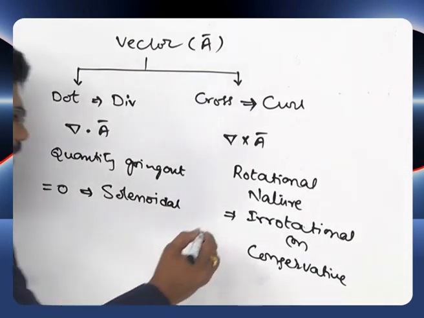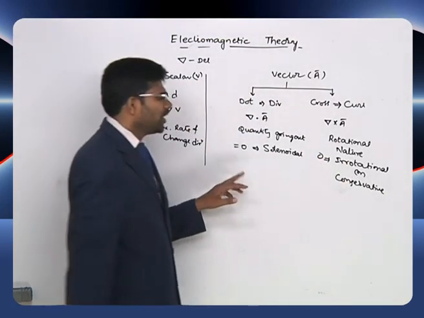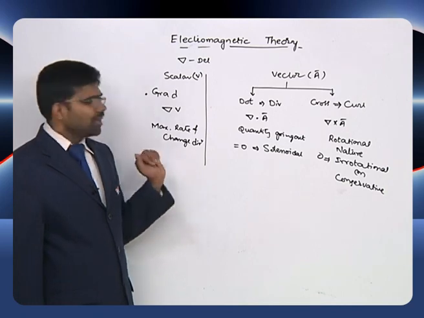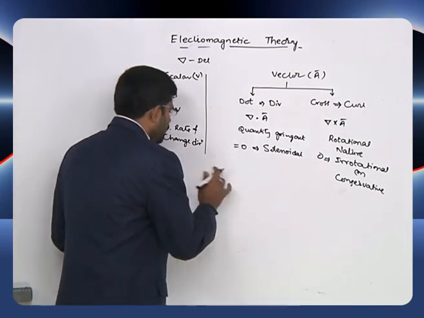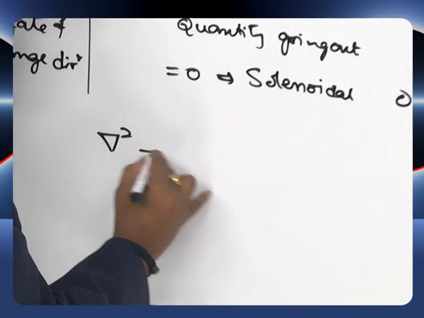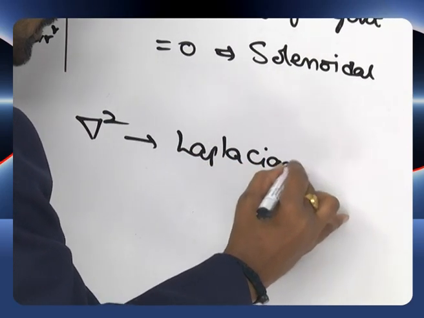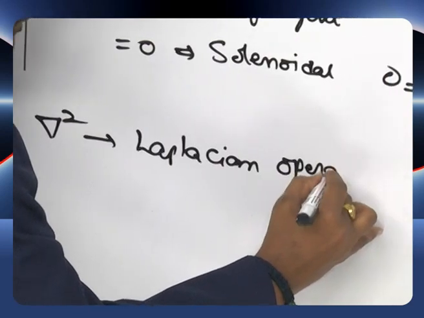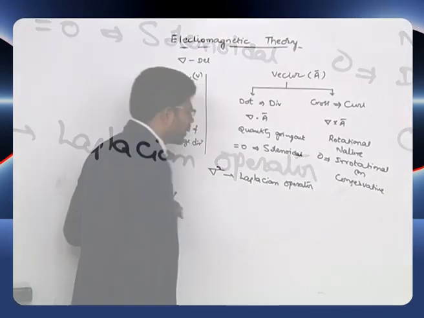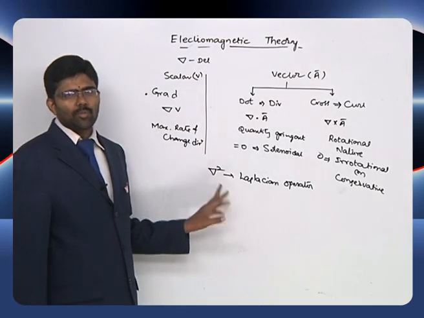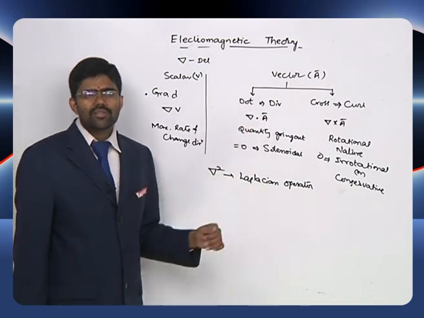If it is equal to 0, what happens? We need to just examine, right? Apart from the single differentiation, we have one more thing, that is del square, called the Laplacian operator. So a Laplacian operator is a second order differential operator. All these are differential operations on a vector.